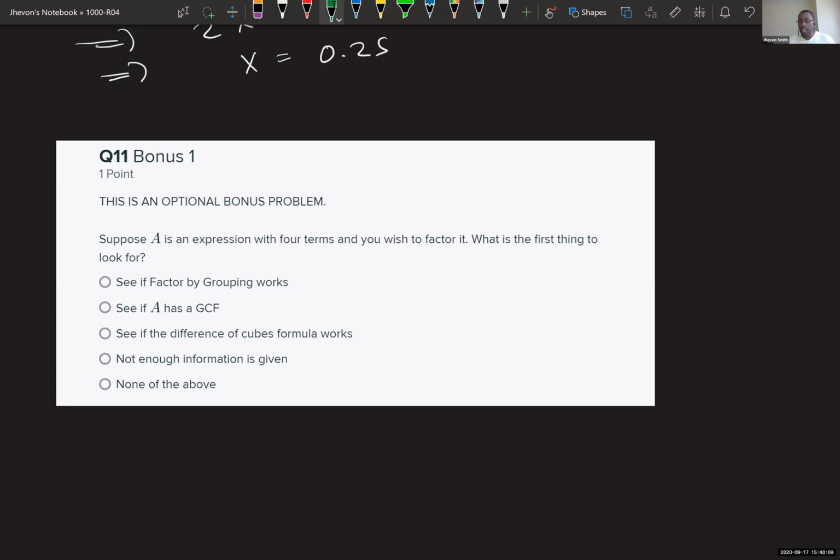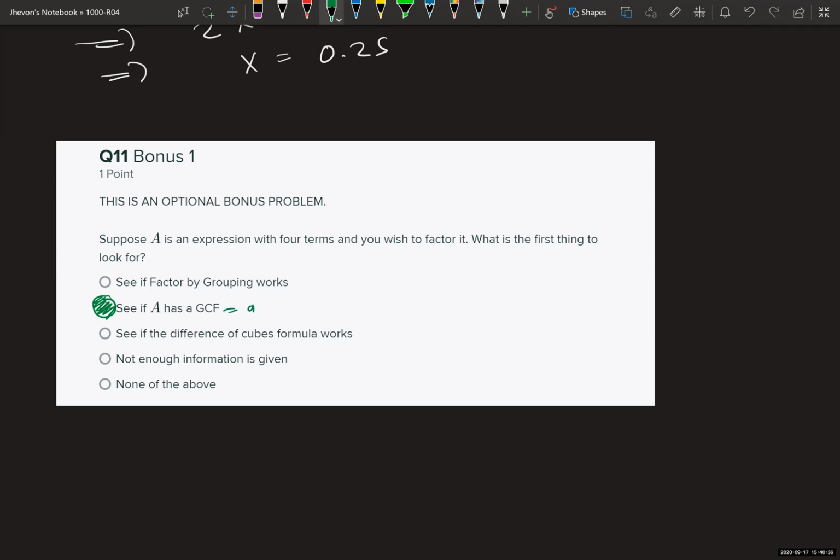A is an expression, has 4 terms. You want to factor it. What's the first thing you want to look for? GCF. It's in fact a trick question. GCF is always the first thing you look for when you factor. A lot of people think that once you see 4 terms, it's factor by grouping. You pair them off and you factor in groups. No. The first thing you look for when factoring any problem is the GCF. It's literally always the first step. What does GCF stand for?